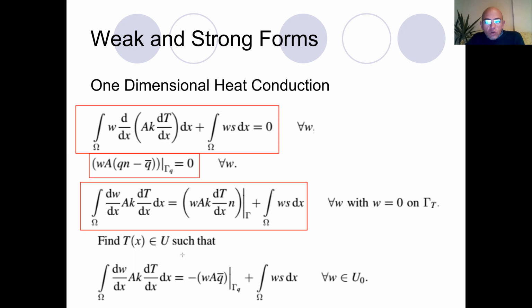Now, of course, since the weight is 0 on the boundaries where the temperature is prescribed, we can say that the weak form can be written in this form.